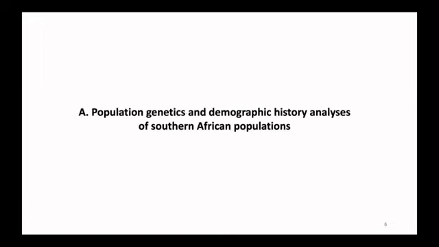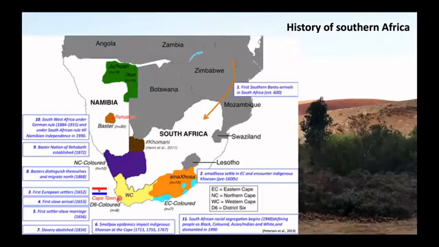Okay, so let's get started on population genetics. I think some of you will be familiar with this diagram from Desiree Peterson's paper in 2013, detailing the history of Southern Africa. As you know, there were various migrations that entered Southern Africa, starting off with the first Southern Bantu-speaking population's arrival in South Africa, settlement in the Eastern Cape.